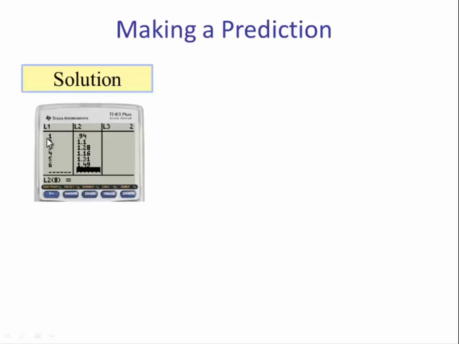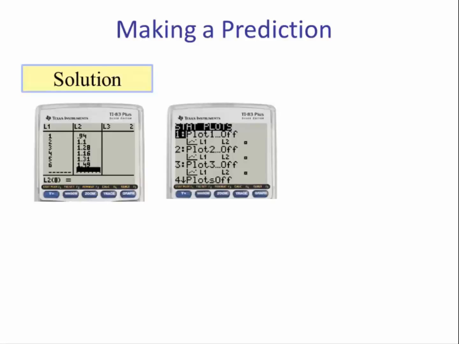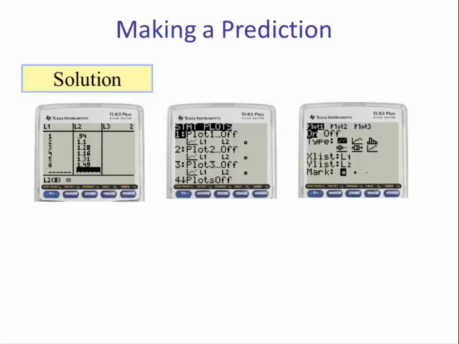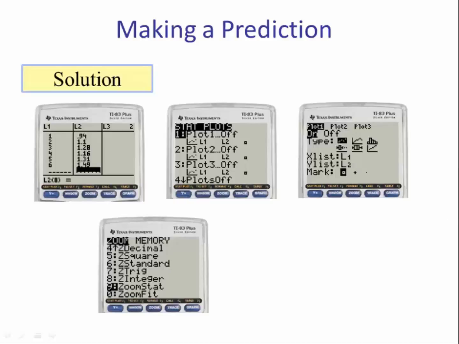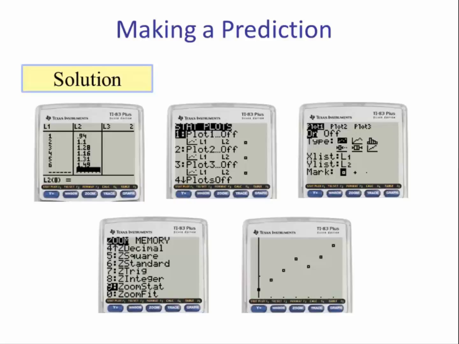Once we have the data in list 1 and list 2, we want to look at the pattern of the data, so we construct a scatter plot. Hit second y equals, make sure it's turned on, make sure it's a scatter plot. X list should be list 1, the y list should be list 2. Now we hit zoom and number 9 for zoom stat, and here's our scatter plot.